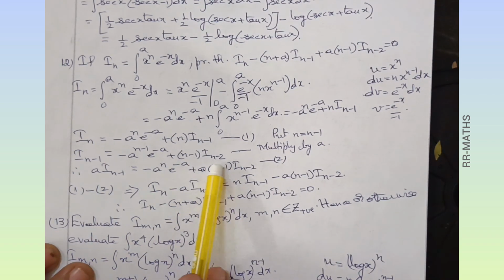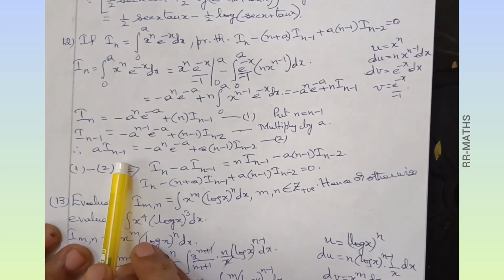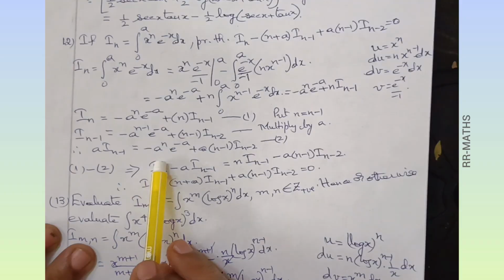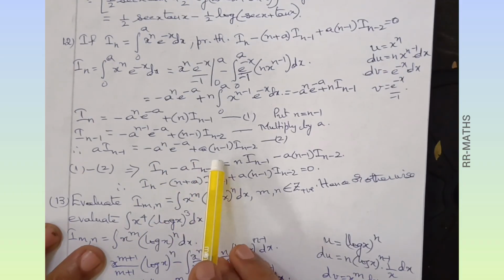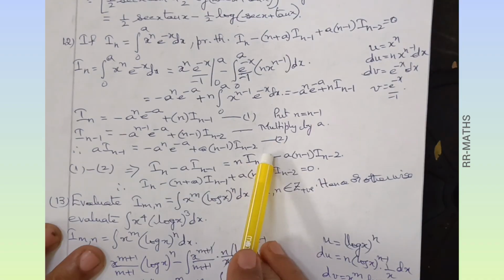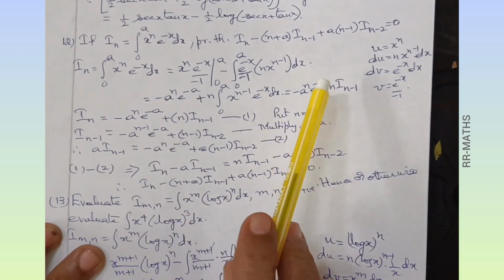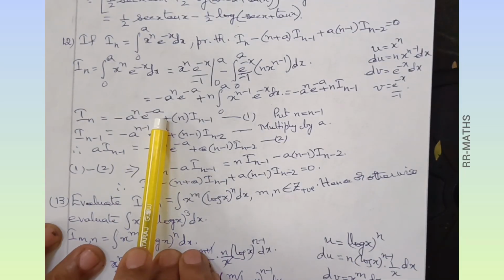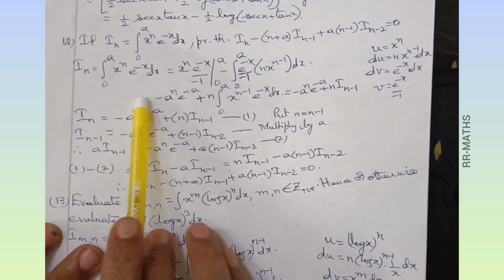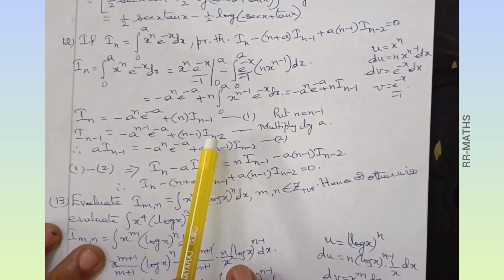Now here you multiply throughout by a. So that gives you a times I n minus 1 is equal to minus a power n e power minus a plus a into n minus 1 I n minus 2. Call this the second equation. Now, in my answer, I do not have this a power n into e power minus a term, and therefore I am trying to cancel that term, and that is why I multiplied the second one with an a.